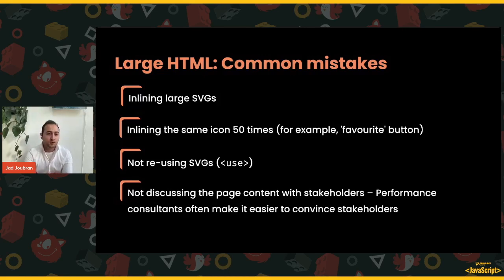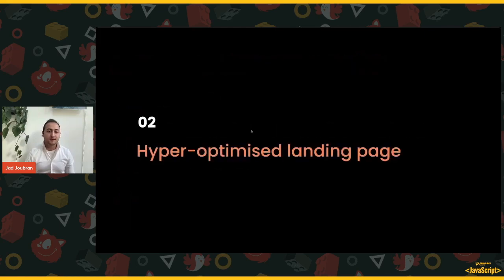If you feel that people are not convinced, try to get an external performance consultant, because it's often easier to convince stakeholders, especially because the stakeholders are paying for it. So they really want to take whatever advice they can get for that session. So yeah, that was the first part about early bottlenecks.